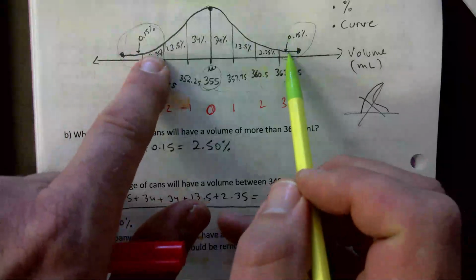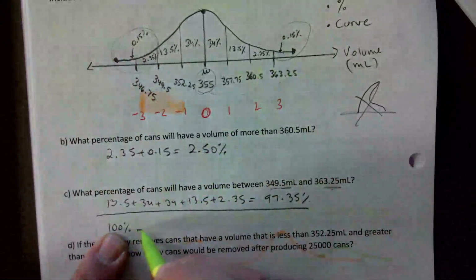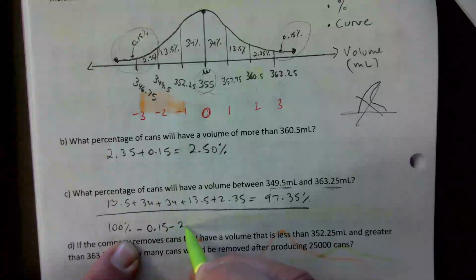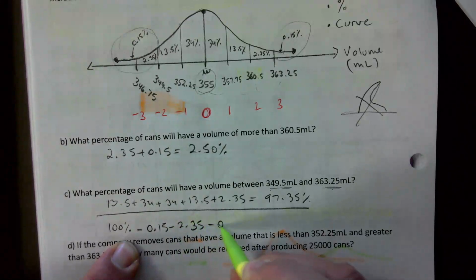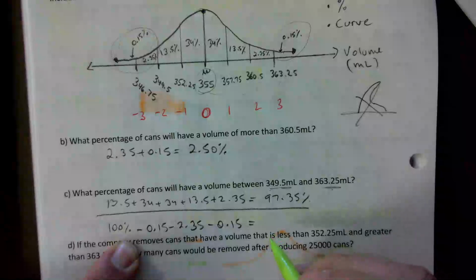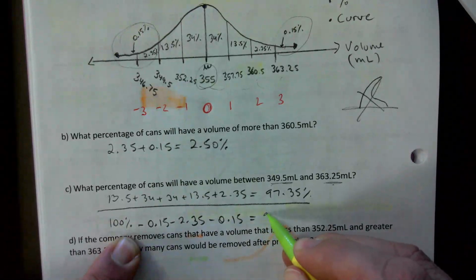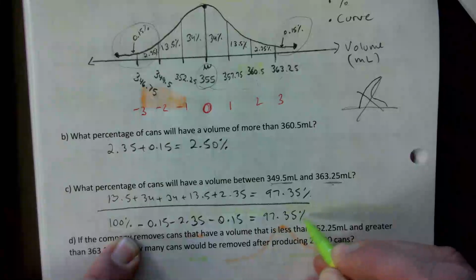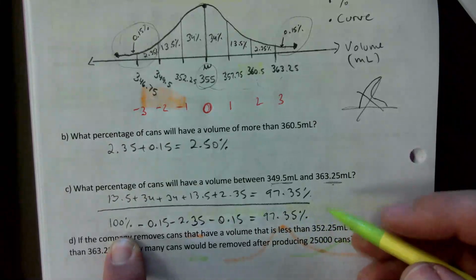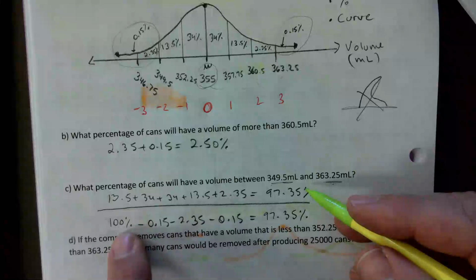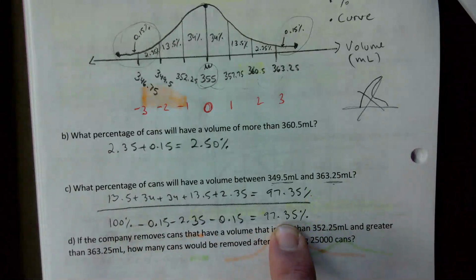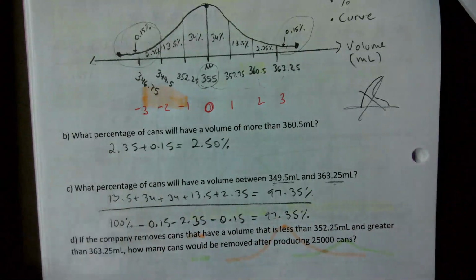So 1, 2, 3 from 100, you get the same answer. Okay, that is 97.35. So regardless of how you do it, this is the direct way. This is the indirect way. That's all. You just have to be comfortable with that.